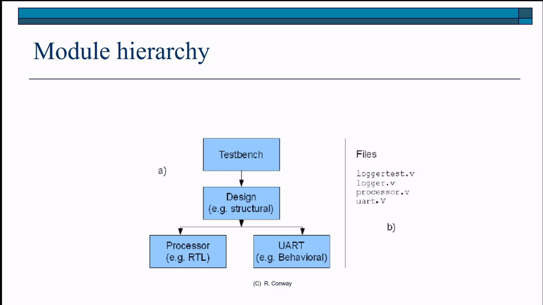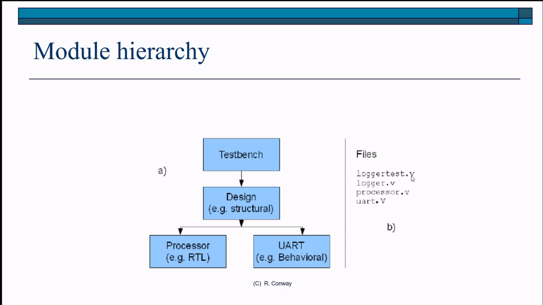One approach in practice is to have a unique file for each module. Part A shows the hierarchical relationship between the modules. In this case we have 4 unique modules: the test bench module, the top level design module, the processor module, and the UART module. And on the right hand side in part B we note that we have 4 separate files.